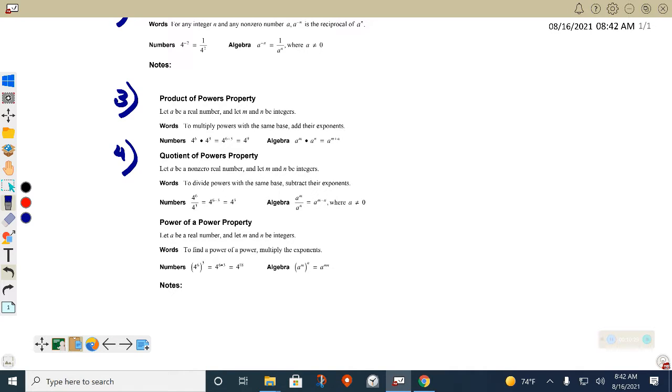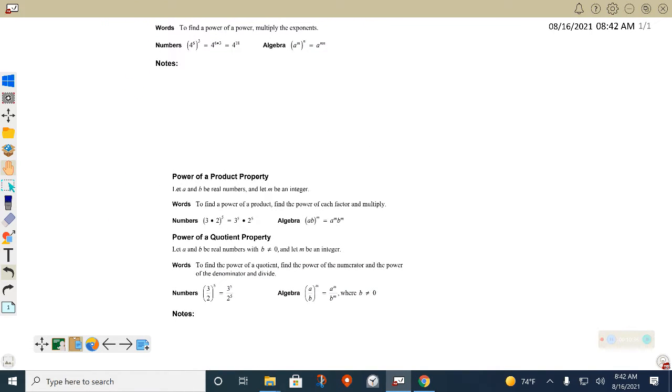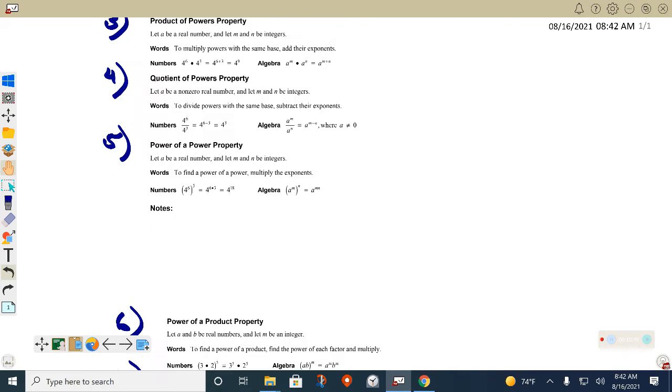The fifth, so number them with me, is the power of a power property. The sixth is power of a product property. And finally, last but not least, the seventh is power of a quotient property. So number those puppies with me.